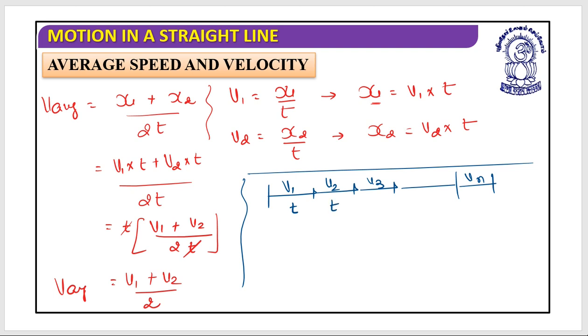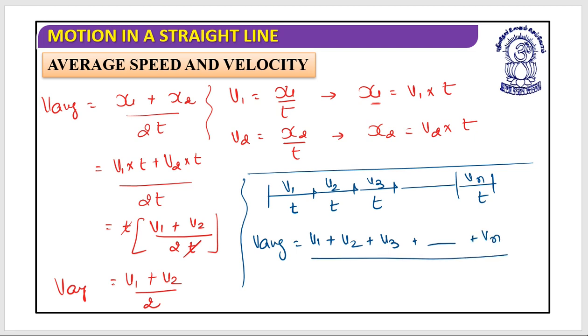This is t, this is t, this is t, this is t. If all are covered within the same interval of time, v average is equal to v1 plus v2 plus v3 up to vn, divided by n. This is v average.